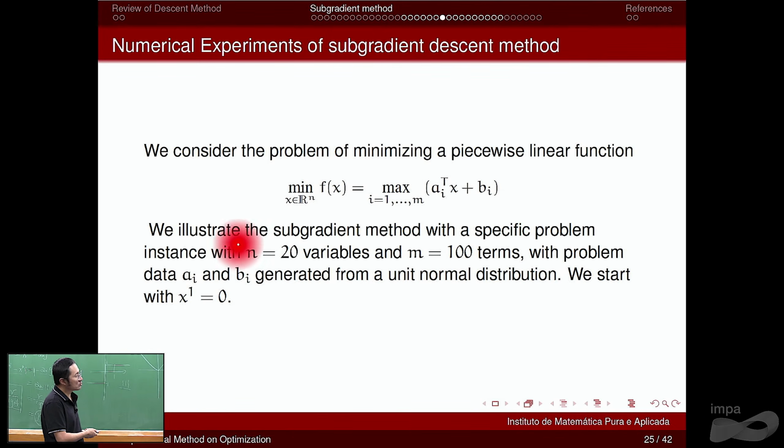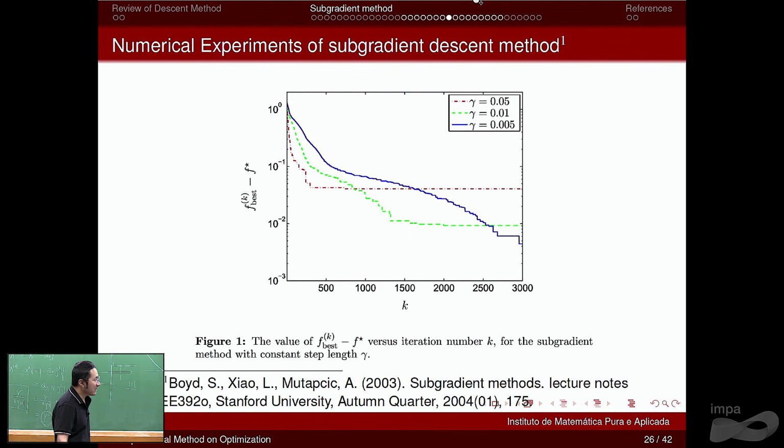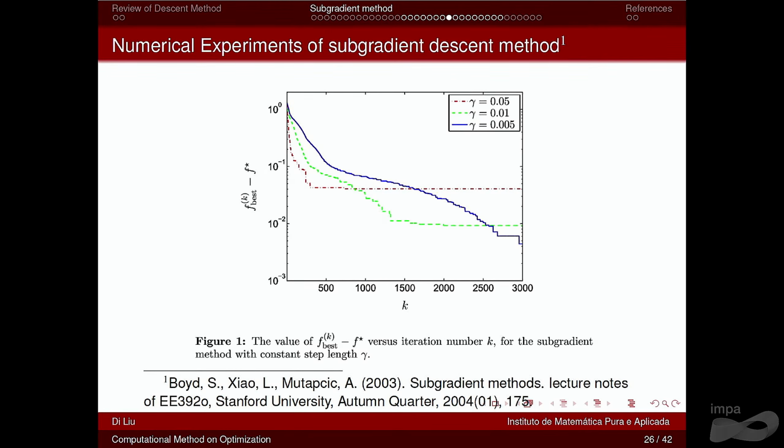We choose n equals 20 and m equals 100 affine functions, and the A and B are generated from the normal distribution. We start with x1 equals 0. First, you choose the constant step length, which is alpha k equals gamma over the norm of g_k.